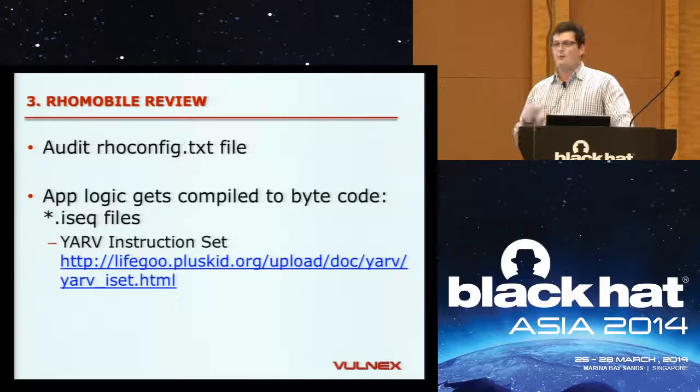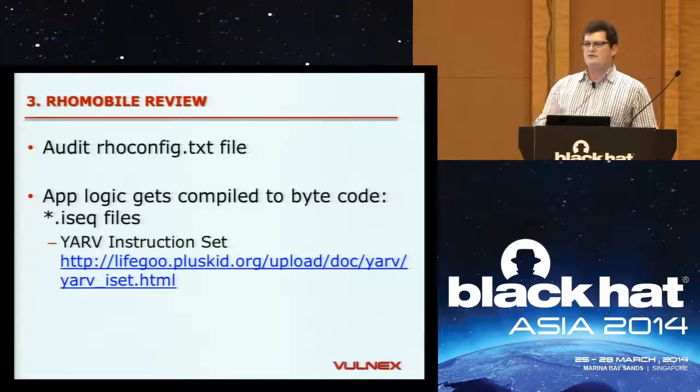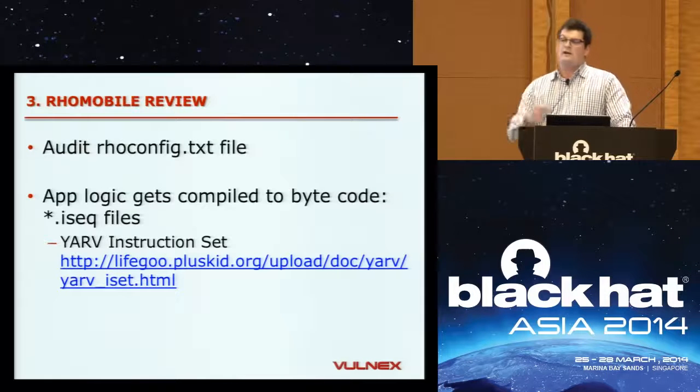We are still working on how to decompile this kind of file, and right now we are also working on a tool to decompile these ICQ files. The entire application gets compiled into ICQ files, but you can actually edit those files and get a really good idea by using the Ruby instruction set in that link when you are reversing those ICQ files.